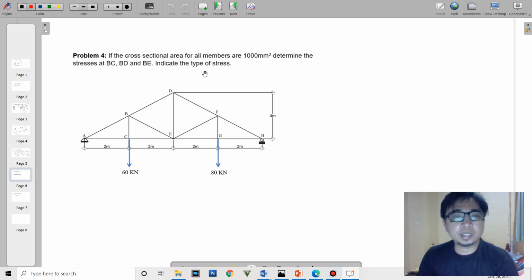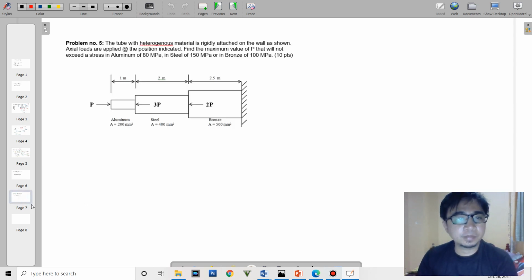And you're going to indicate the type of stresses, whether it is a tensile or compressive stress. So you know what to do here. So the first step is to determine the reactions and then go over with the analysis of trusses in order to come up with those members BC, BD, and BE. You can use joint method or section method in dealing with the internal forces of those unknown members. Okay, so that is problem number 4.